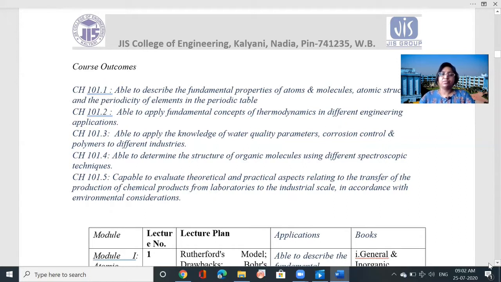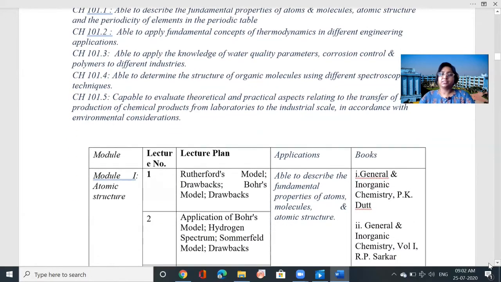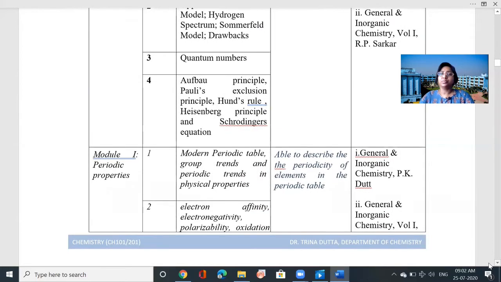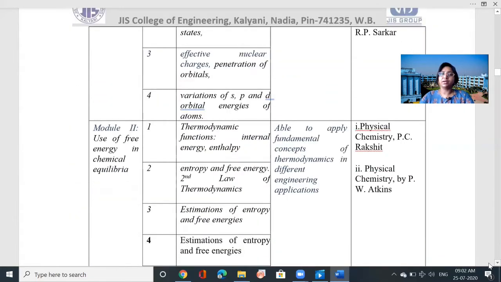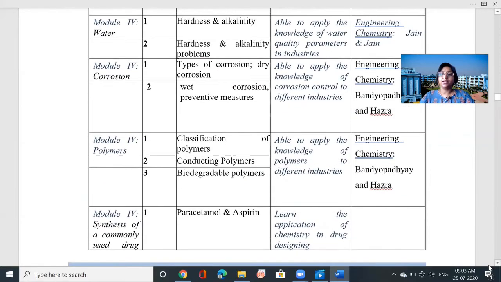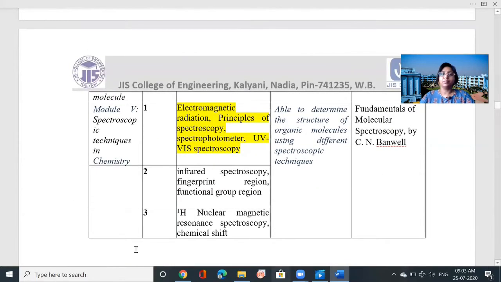Here I have given the entire lecture plan so that you can understand which topics will be covered on which day. Today it is the last module, module 5, the spectroscopic techniques of chemistry, that will be started.